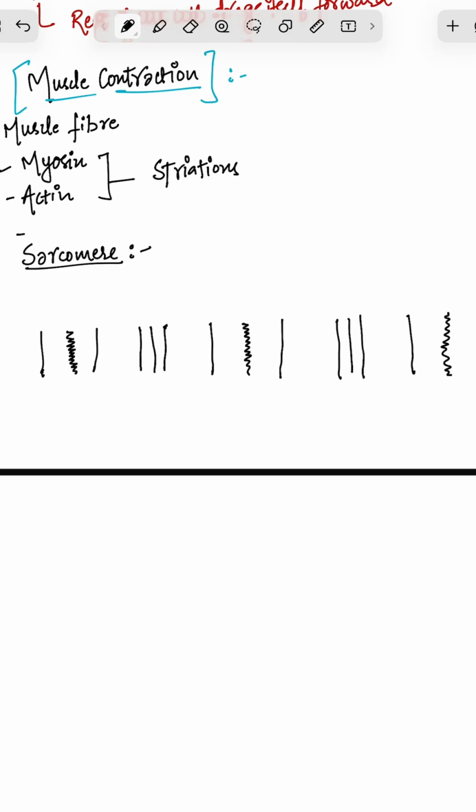So basically this sarcomere is seen only when the muscle is in contracted state. These are the I bands, which are basically light bands, and they are made up of actin, and they are anchored to Z lines.